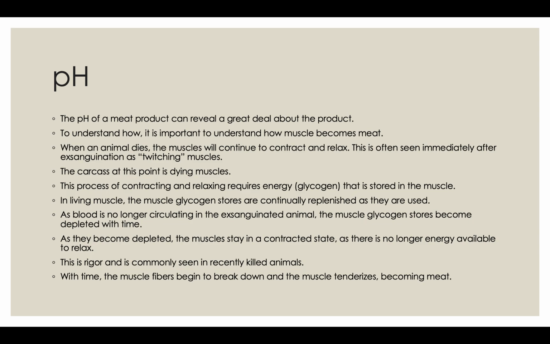As they become depleted, the muscles stay in a contracted state as there is no longer energy available to relax. This is rigor and is commonly seen in recently killed animals. With time, muscle fibers begin to break down and the muscle tenderizes and becomes meat.